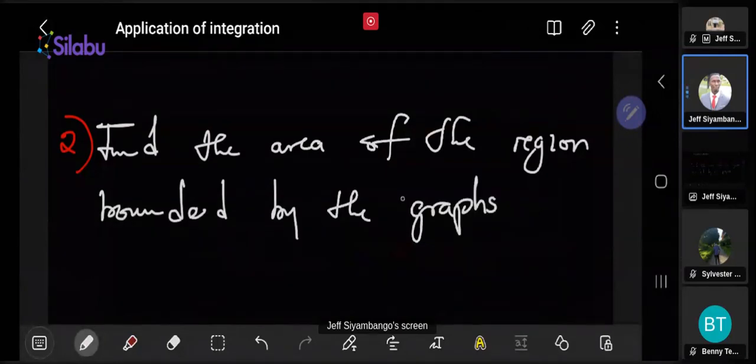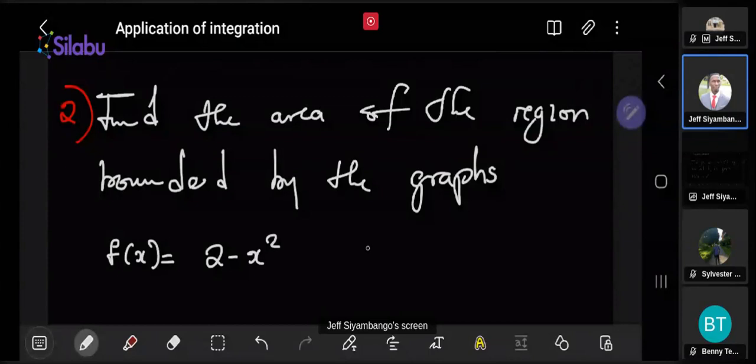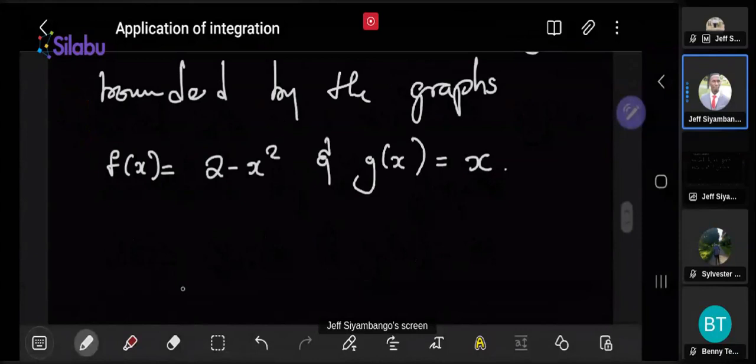Now we have f of x is equal to 2 minus x squared, and g of x is equal to x. So look at what we have now. Observe the difference. In the other case, we had four boundaries.